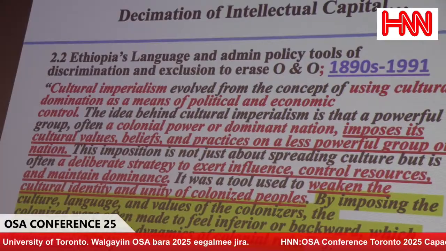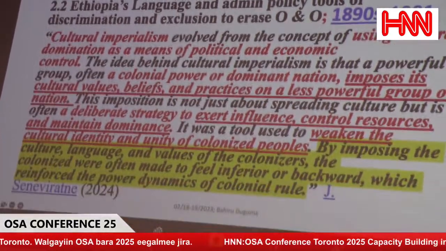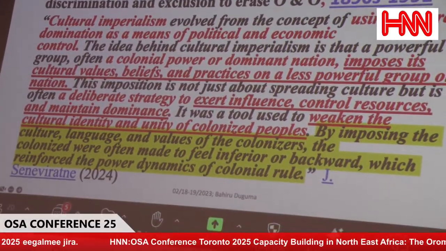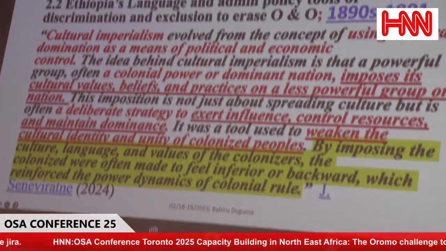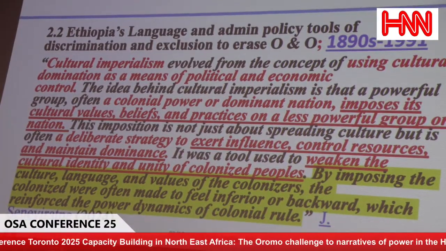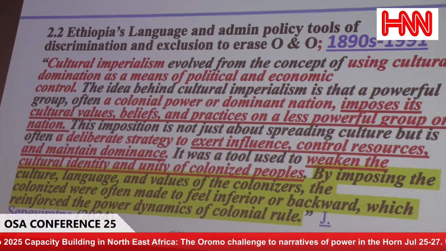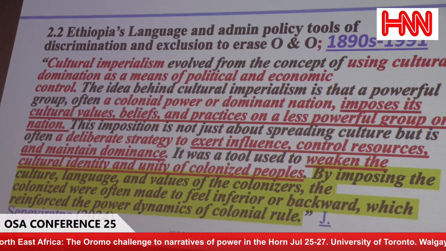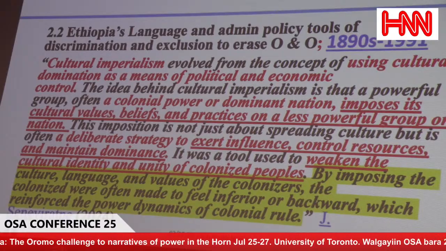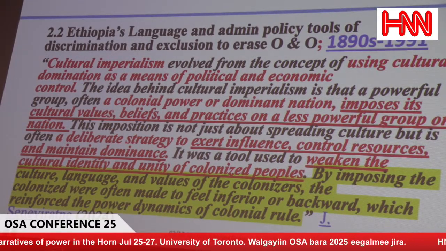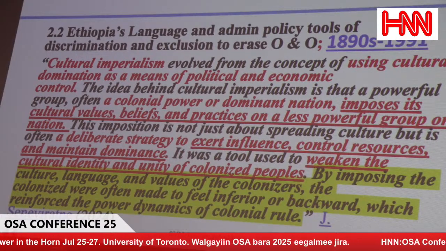This is just a quotation that I got from one guy. I don't even know the name of the person in literature, but I saw it as I was Googling. What it says about imperialism or colonization, whether in the theory part of it or the practical part of it, is that it evolved from the concept of using cultural domination, that is, cultural imperialism, as a means of political and economic control.